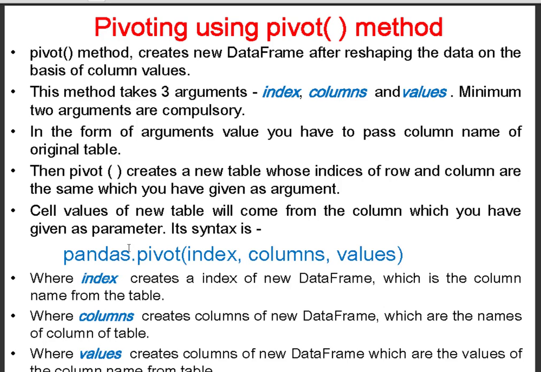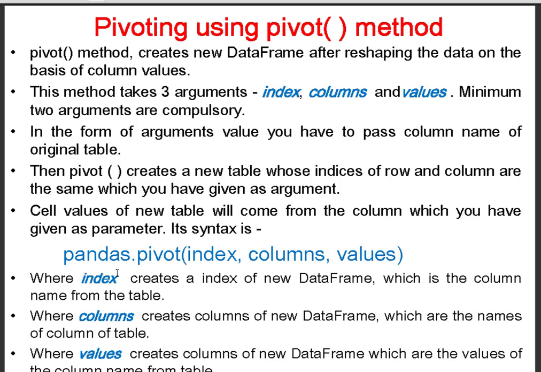So how can you perform the pivot method? First you call the pandas object's dot pivot method, and you can pass three arguments: index, columns and values. This is the syntax of the pivot method.